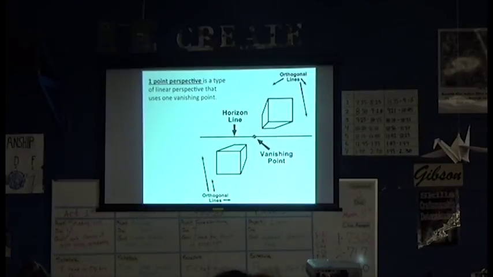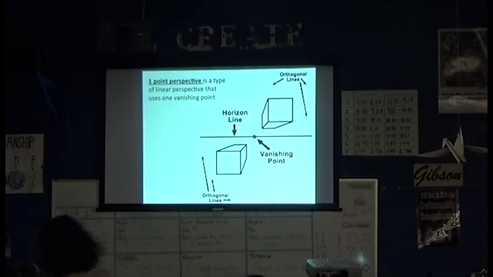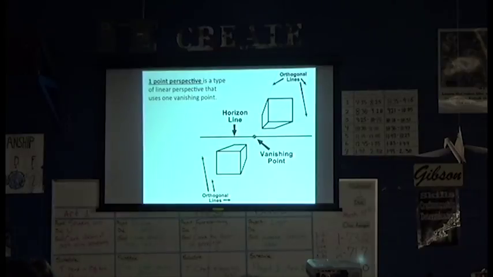We're doing 1-point perspective, meaning that there is one dot on the horizon line called the vanishing point. That vanishing point is where all depth lines, that third dimension, are meeting, or converging. Where depth lines converge is the vanishing point.